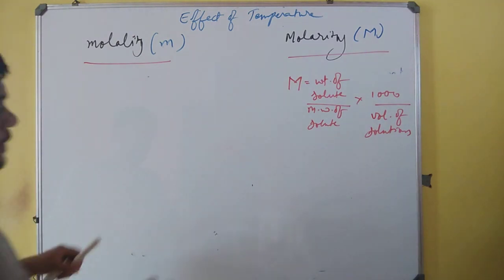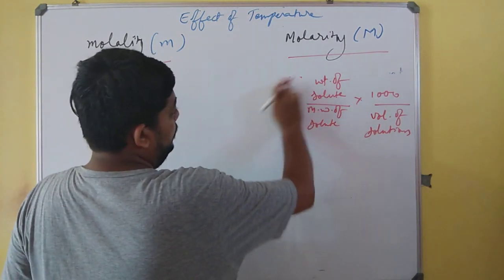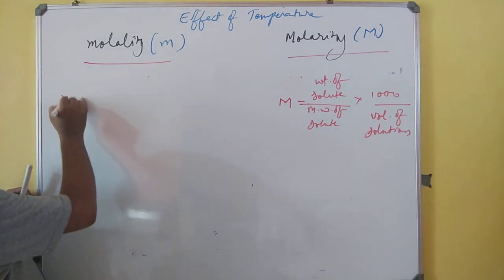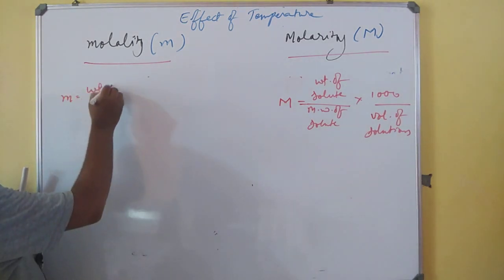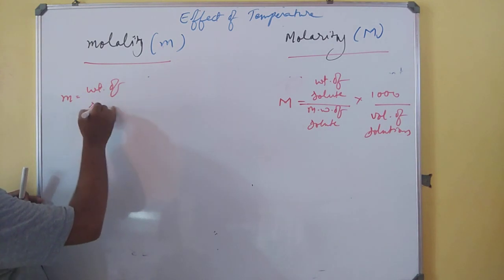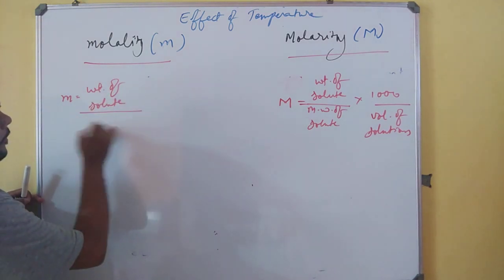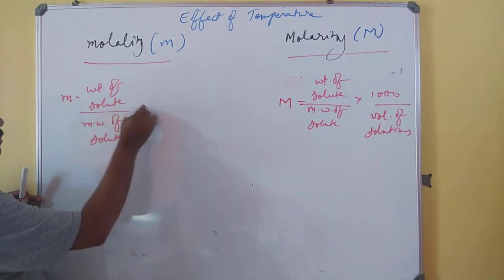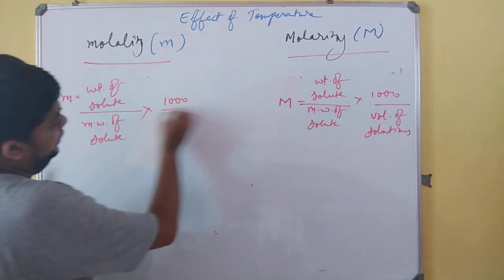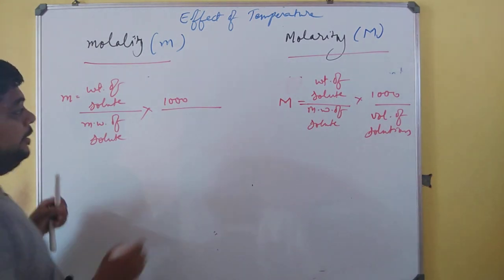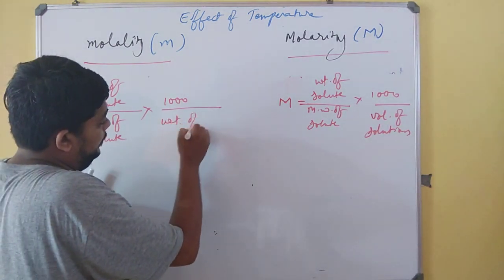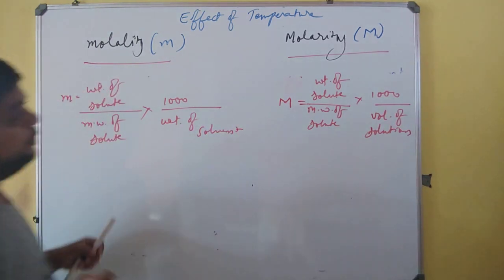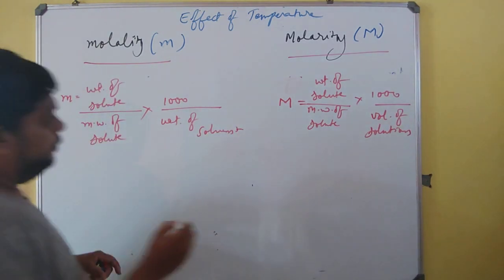But on the other side, molality is equal to weight of solute divided by molecular weight of solute, multiplied by 1000 divided by weight of solvent. So this is how it works.